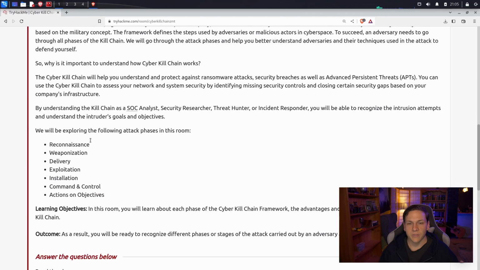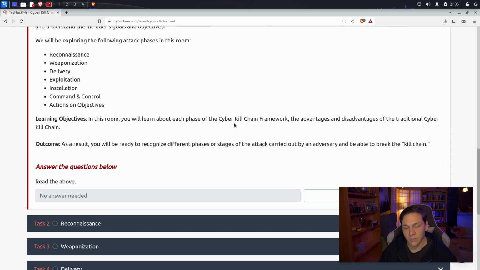We will be exploring the following attack phases in this room: Reconnaissance, Weaponization, Delivery, Exploitation, Installation, Command and Control, Actions on Objectives. Learning Objectives. In this room, you will learn about each phase of the cyber kill chain framework, and the advantages and disadvantages of the traditional cyber kill chain. Outcome.